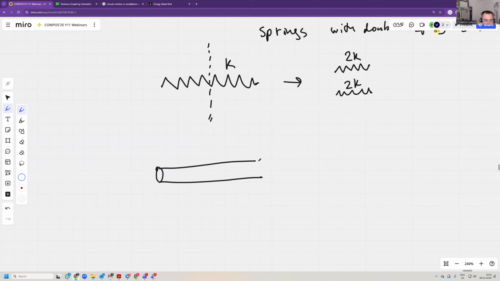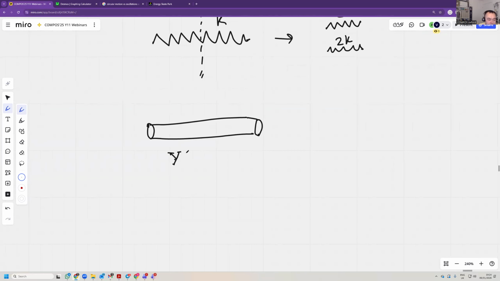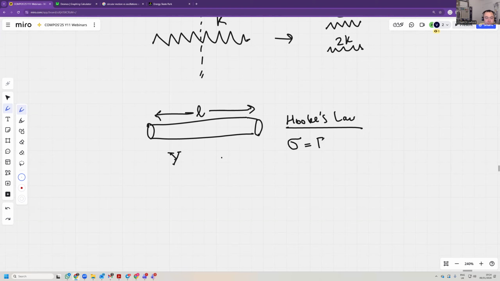Imagine we have a chord, and Y is the Young's modulus. The length of the chord is L. Hooke's law says that the stress is equal to the Young's modulus multiplied by the strain.